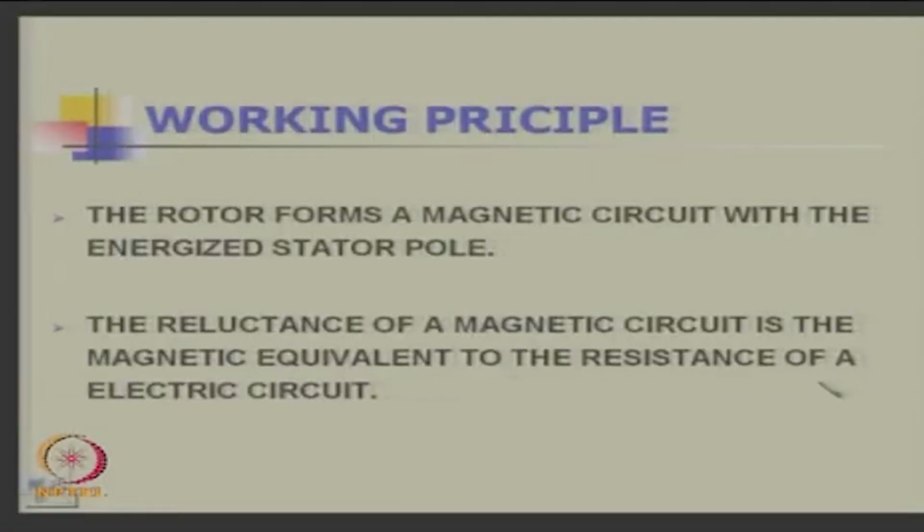The magnetic path will include the stator core, air gap, rotor core and so on. The reluctance of a magnetic circuit is the magnetic equivalent of resistance. You know how to calculate it: reluctance is the sum of the reluctances of both iron and air.